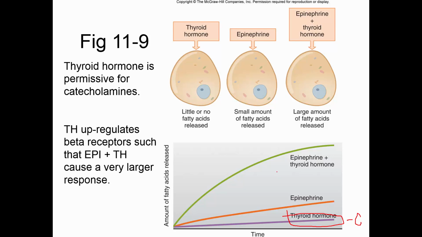But if thyroid hormone is present, thyroid hormone upregulates beta receptors. Epinephrine has more places to bind, and epinephrine does a better job. So we would say that thyroid hormone is permissive for catecholamines to break down fat, a process you learned from Dr. Olson is called lipolysis.